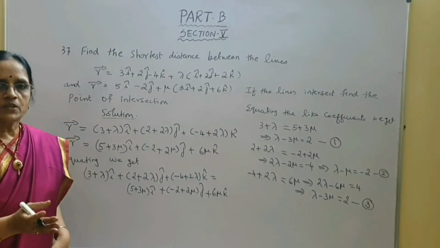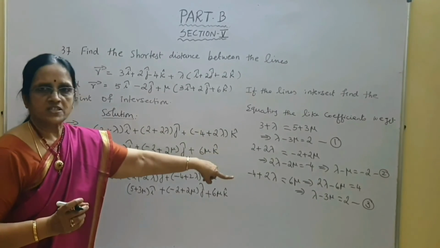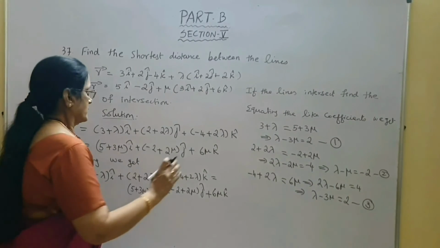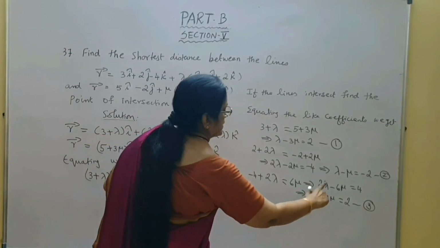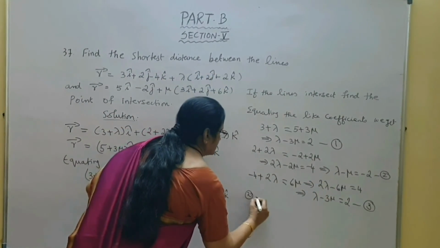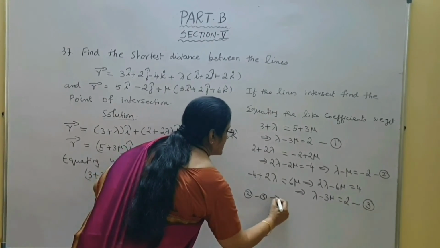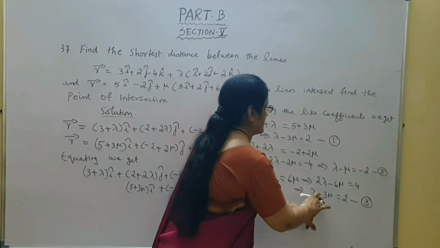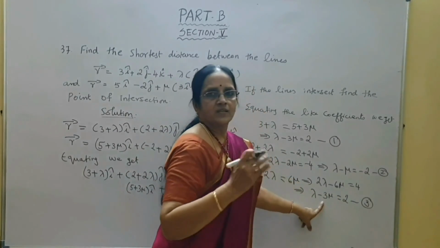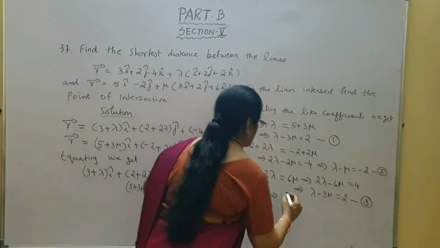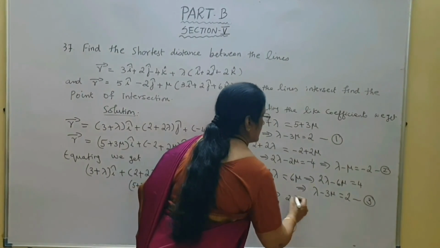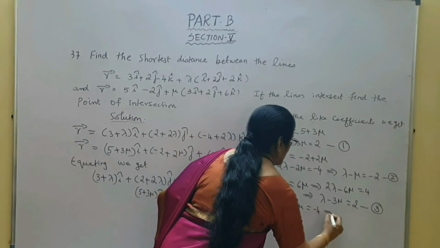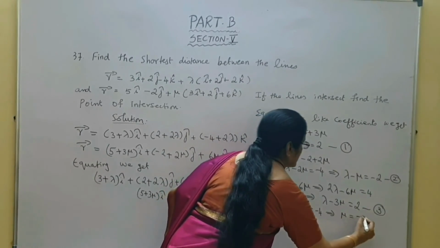Now, we need to solve these equations to get the values of lambda and mu. Equation 2 minus equation 3 will give you lambda minus lambda cancelled, minus mu plus 3 mu becomes 2 mu. 2 mu is equal to minus 2 minus 2, that is minus 4, which implies mu is equal to minus 2.